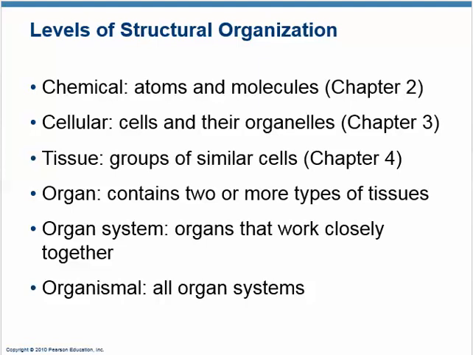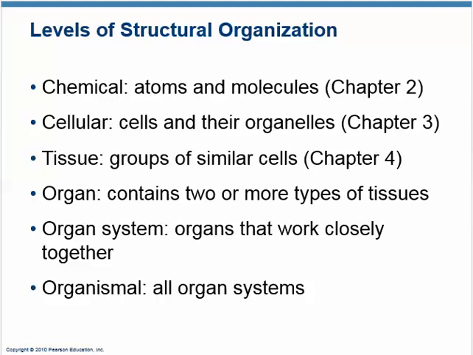And organs are two or more types of tissues working together. Organ systems are more than one organ that work together towards something, and an organism is all of the organ systems working together to make an individual.